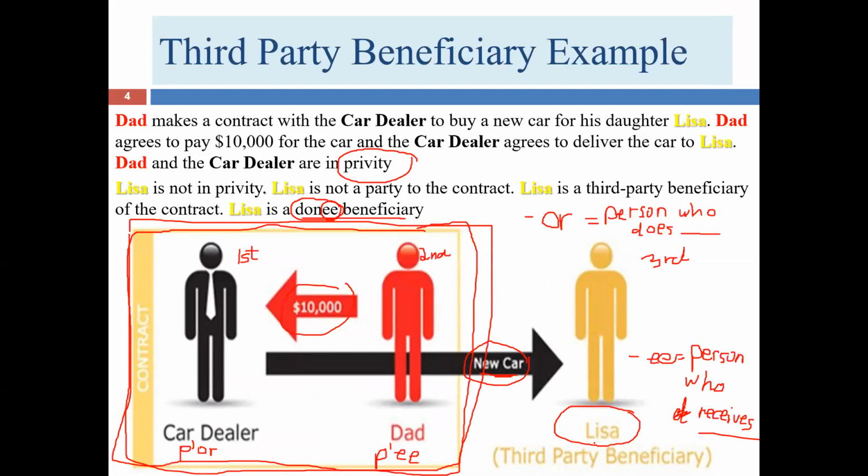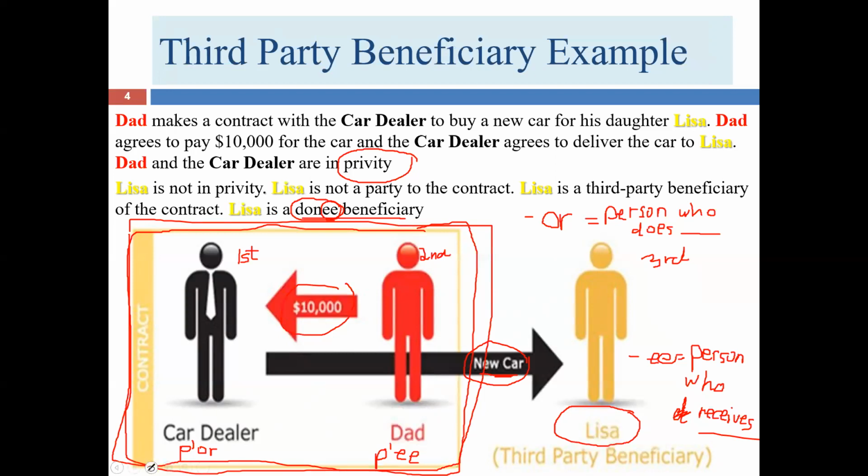Well, why'd you deliver the car? Car dealer's like, you told us to. And Dad says, well, now I want you to go and repossess the car from Lisa. Car dealer's going to be like, that's your problem. We did what we were supposed to do, which was you told us to give it to Lisa and we did it. And if you want to get the car from Lisa, that's kind of on you at this point. We're out of this now, buddy.